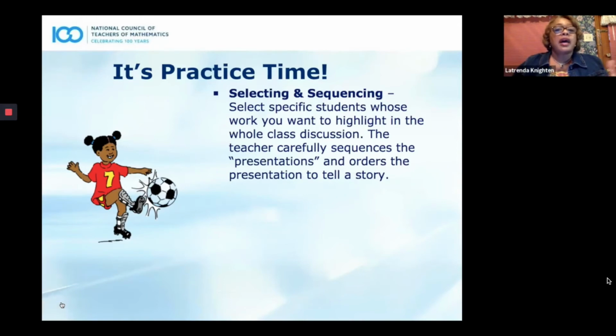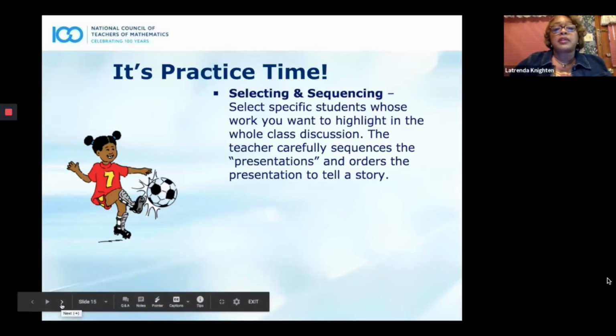So selecting and sequencing is exactly what it is. You're going to decide which student work samples or which students you're going to highlight in that whole class discussion, and you're going to sequence that student work so that it tells a story. Some people like to go from more concrete to more abstract. Some people go from abstract to more concrete. I've seen sometimes you start in the middle, or some people start with an incorrect response and use the class discussion to help a student to build understanding and to find a way to problem solve and to arrive there.